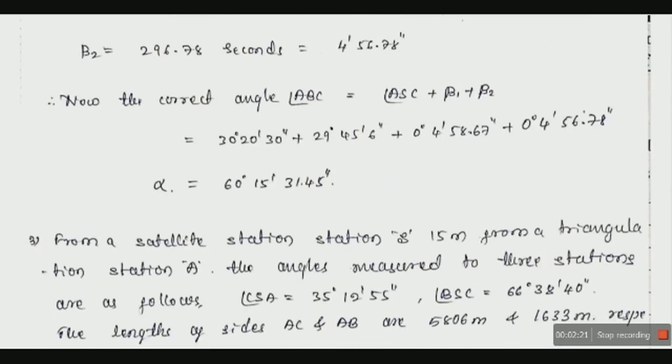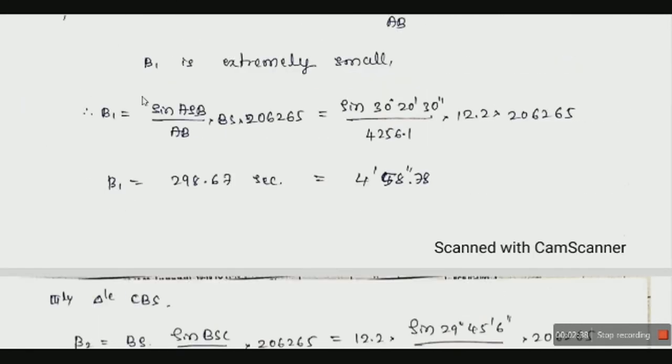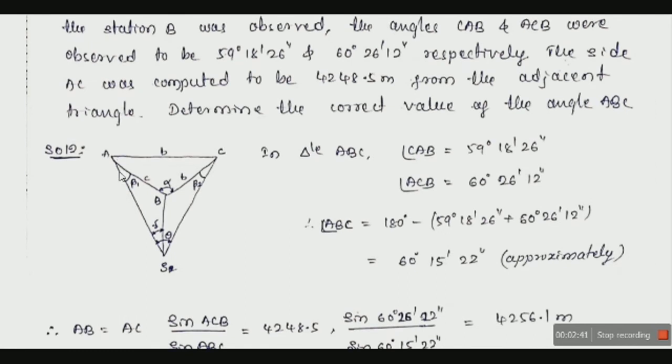Then the last step: angle ABC, that is alpha, for case 4, is equal to angle ASC plus beta 1 plus beta 2. Here ASC means the angle ASB plus BSC.